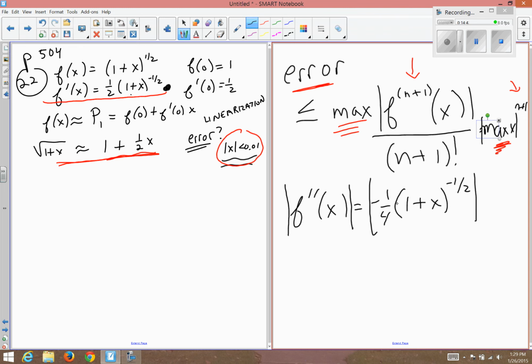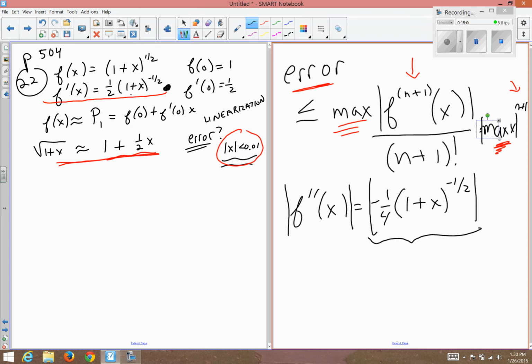So we have to figure out what the biggest number this possibly could be. What I did on a calculator is I looked at the graph of the absolute value of -1/4 times 1 plus x to the -1/2.